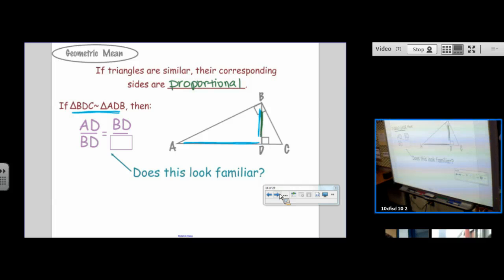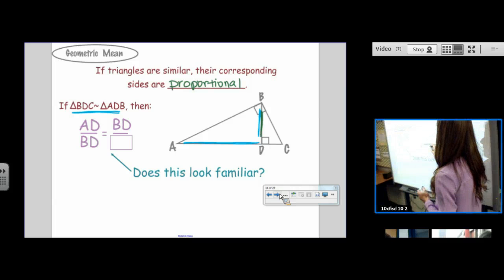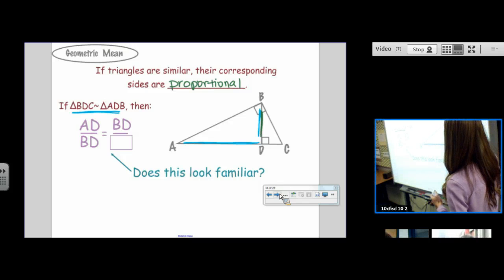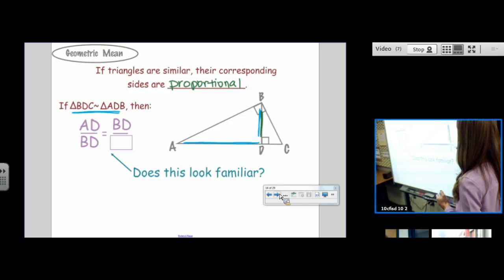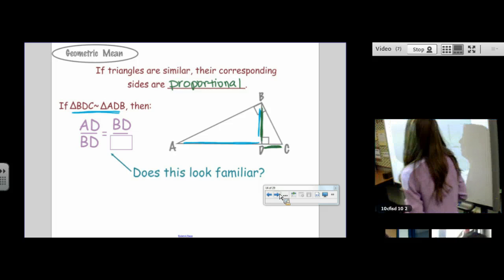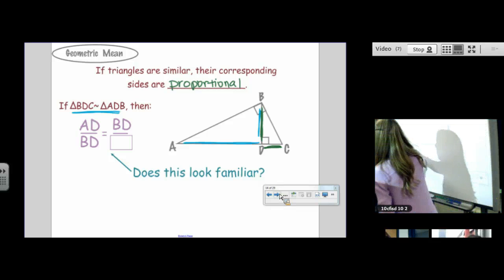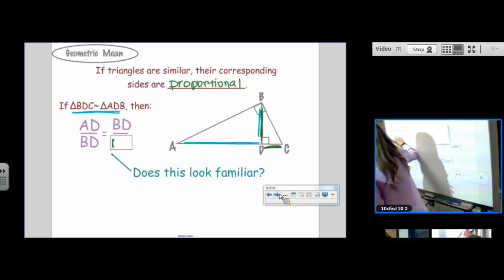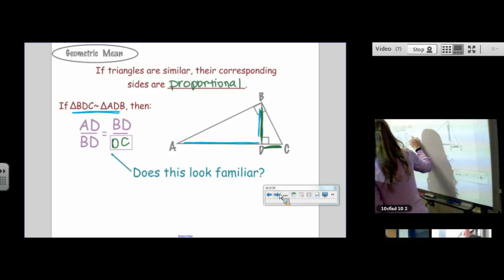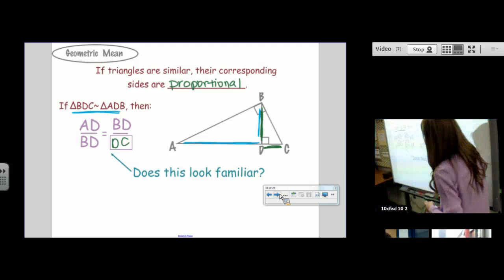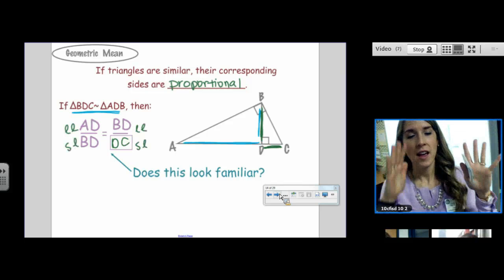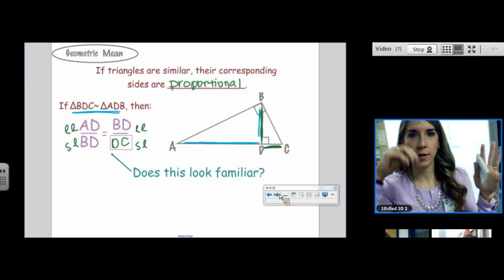So what I did was I took the longest leg over the shortest leg, and I'm comparing that to the longest leg over the shortest leg of the other triangle. And when we write that proportion, something should be screaming at you. Look at that. AD over BD equals BD over DC.